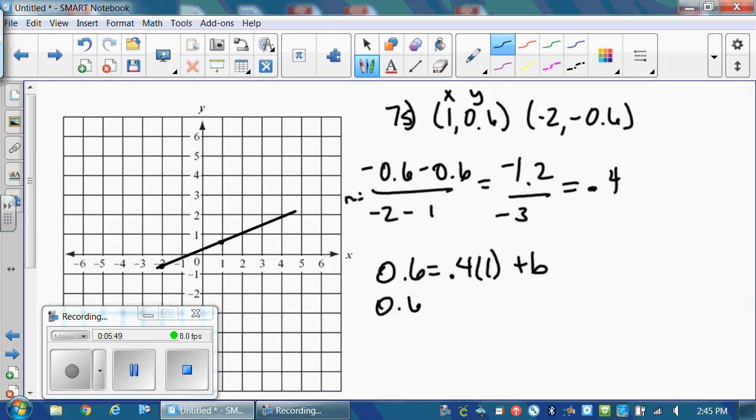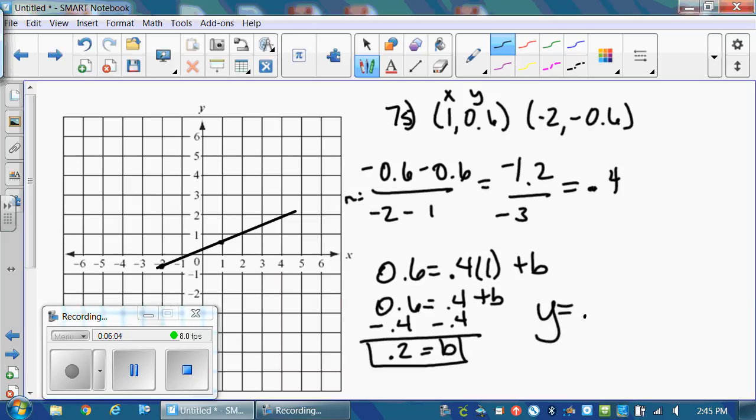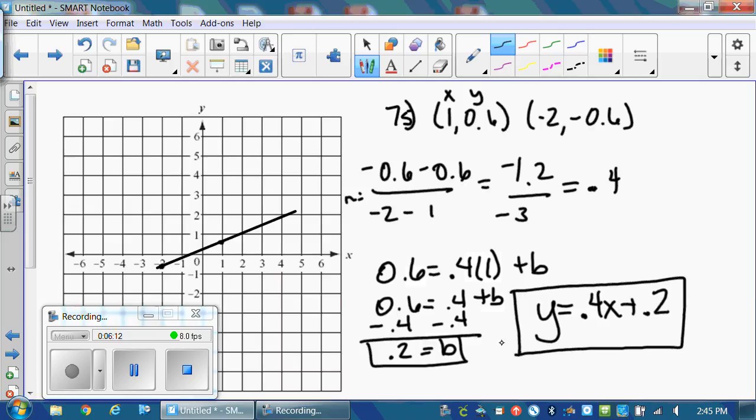So I get 0.6 equals 0.4 plus b, subtract 0.4, and I get 0.2 equals b. So the equation of this line is y equals 0.4x plus 0.2. And that's the equation of the line in slope-intercept form.